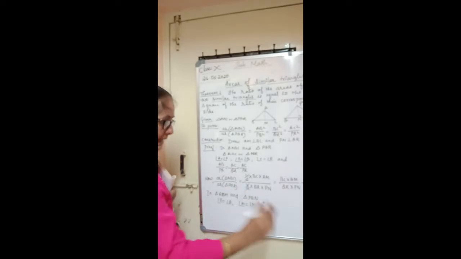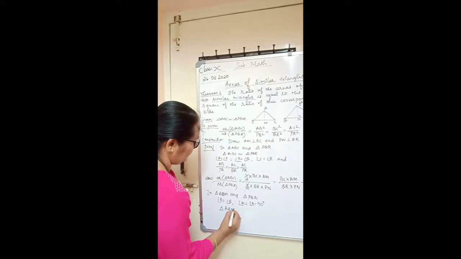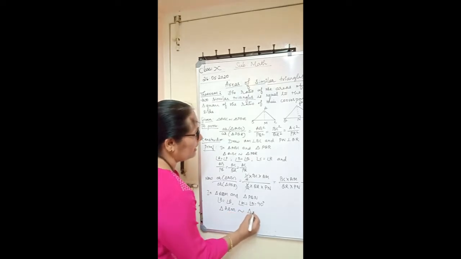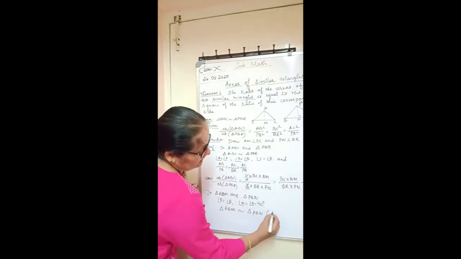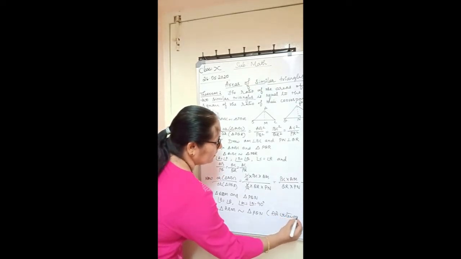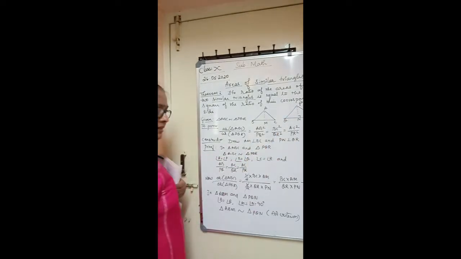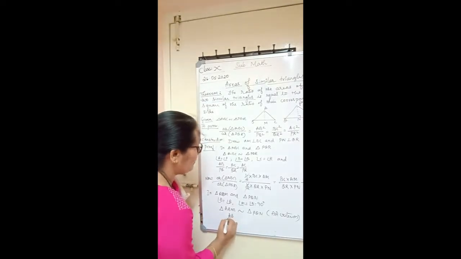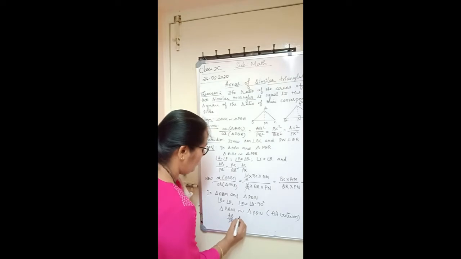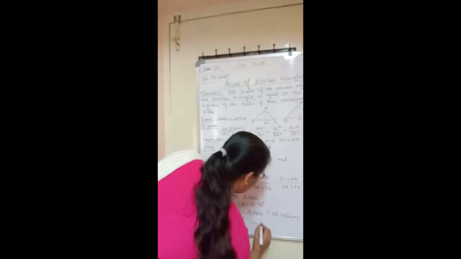So by AA criterion, triangle ABM is similar to triangle PQN. When these two triangles are similar, then their corresponding sides are proportional. That is, AB by PQ is equal to AM by PN. Take this as equation 2.